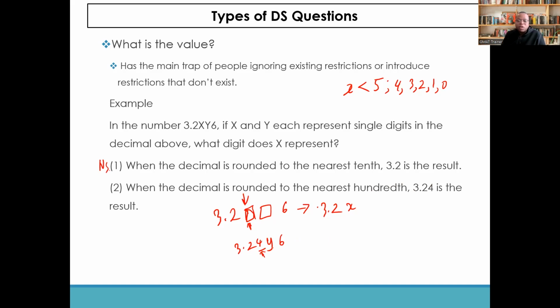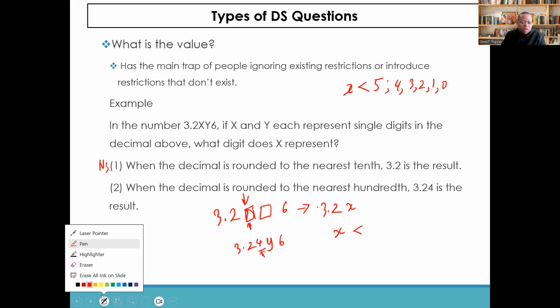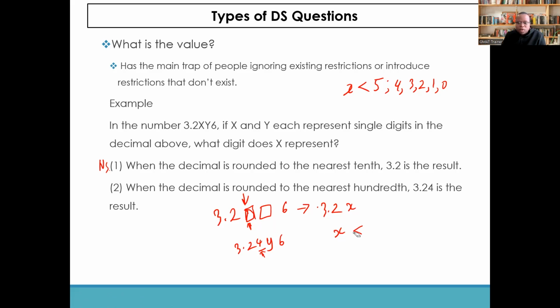So if x is less than 5, let's say it's 3. If x is equal to 3 and y is greater than 4, then x becomes 4, the 4 that you're seeing there.